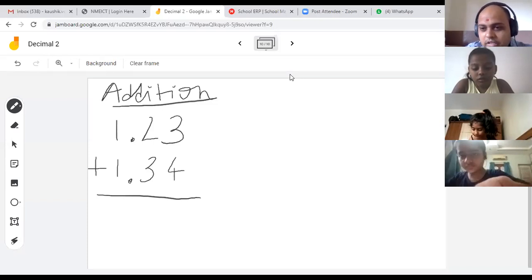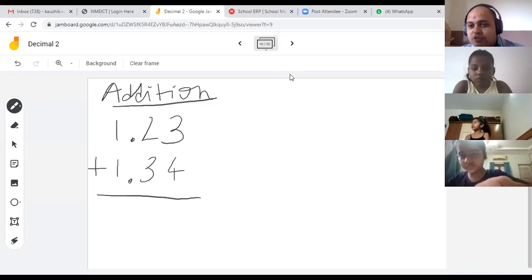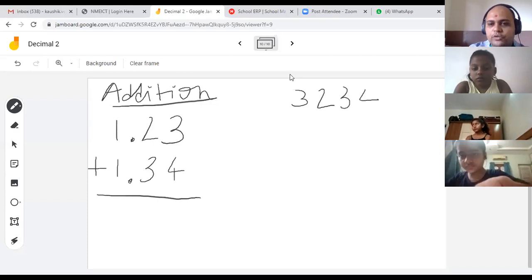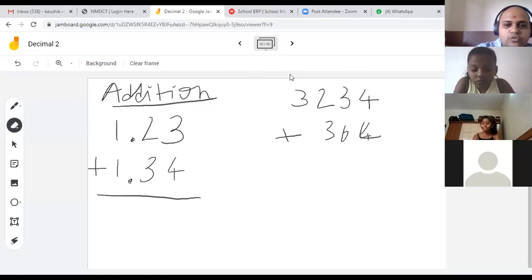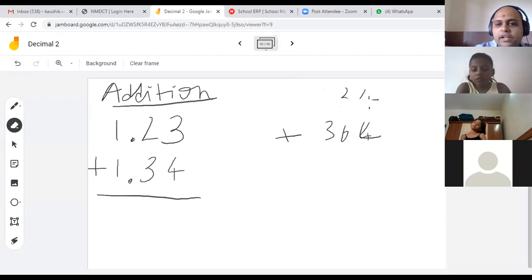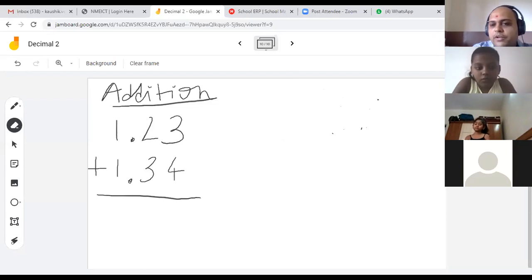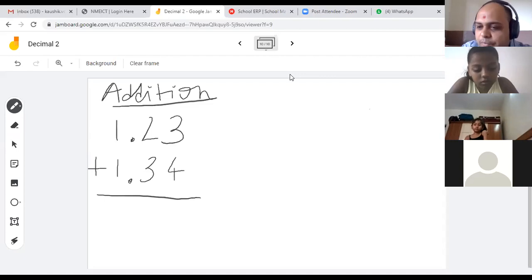The decimal point should be in one line, just like what we do in place values. If I want to add 3234 and 364, then I write it as per the place value, correct? Same way we have to write the proper position of decimal points. One decimal point should come right below the other, then only addition can be done properly.